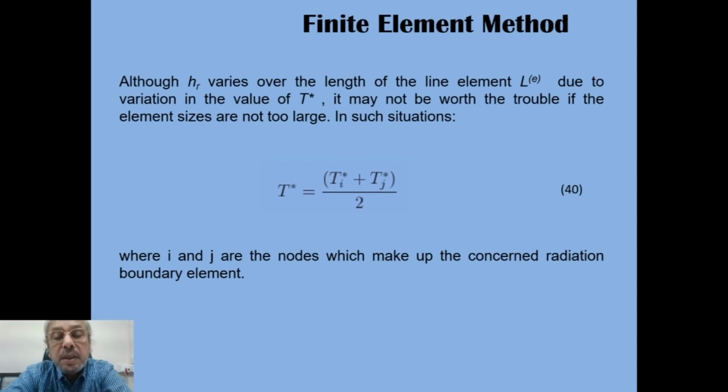So in such a situation, this T star can be taken again as Ti plus Tj by 2, or T1 plus T2, that means the two points on the line segment divided by 2, either the initial guess or the way it is evolving, T star till it becomes T, where I and J are the nodes which make the concerned radiation boundary element.